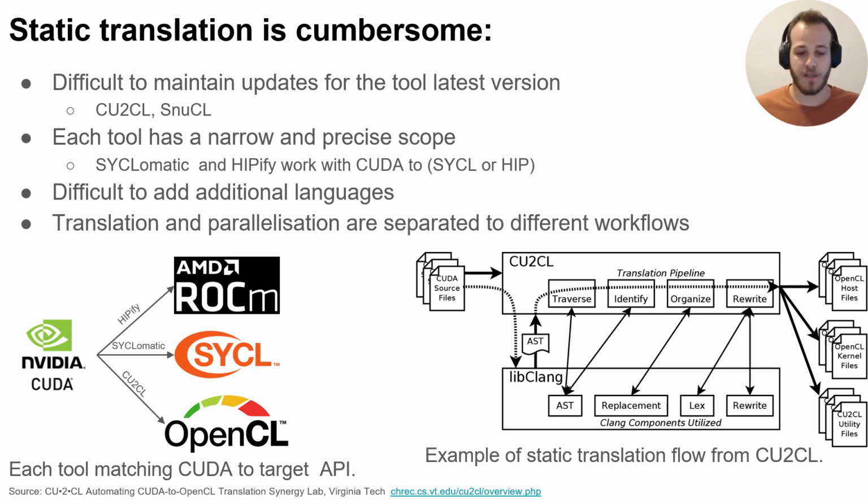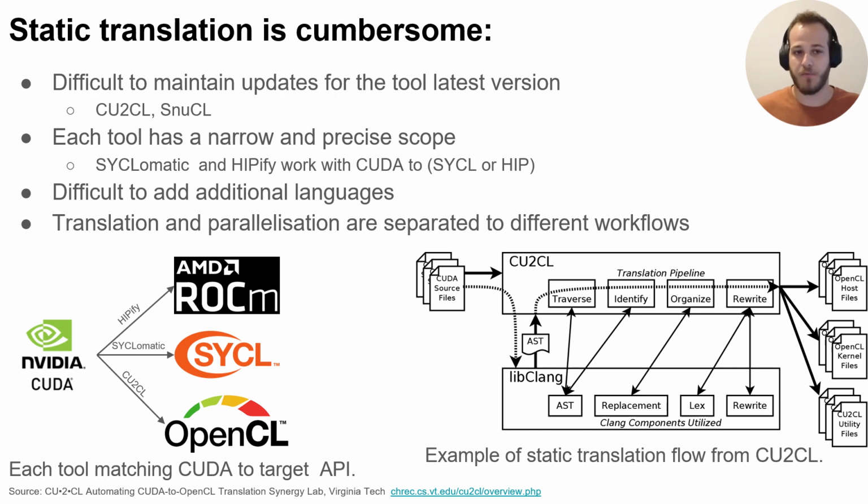And so the first works in this area of parallel code translation started with static translators that are compiler based. And the main problem with this approach is that it's very difficult. So it takes a lot of work. And so works like Q2CL, that came out of academia, have a hard time keeping up with the new versions of APIs that are continuously being released.